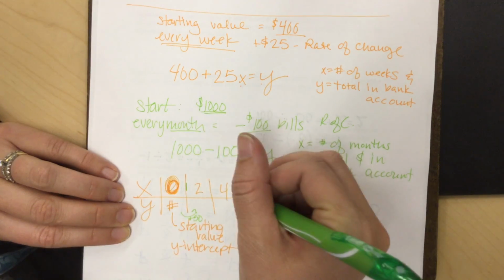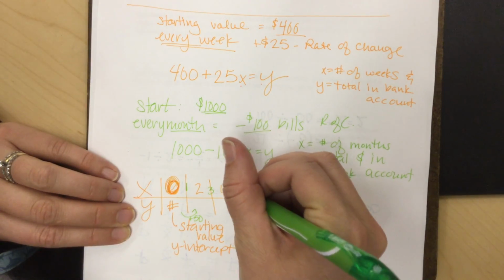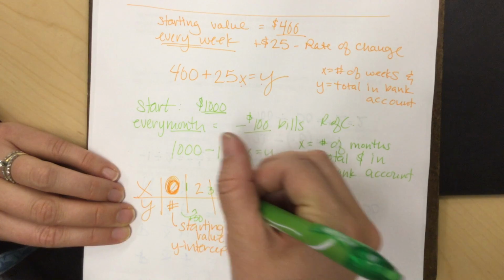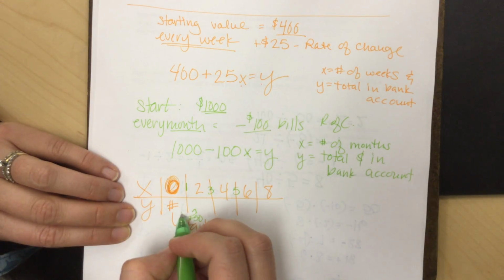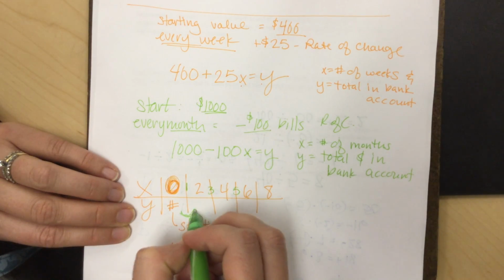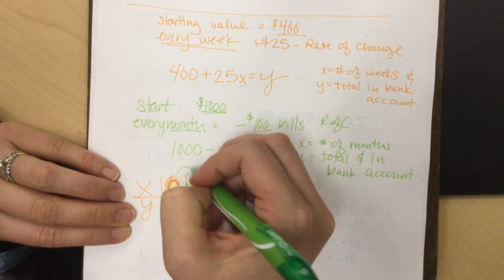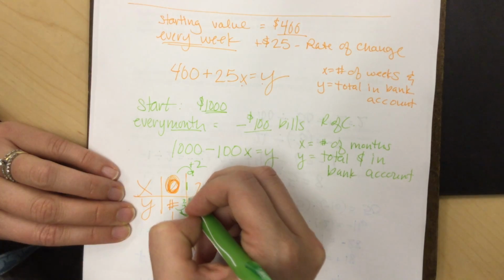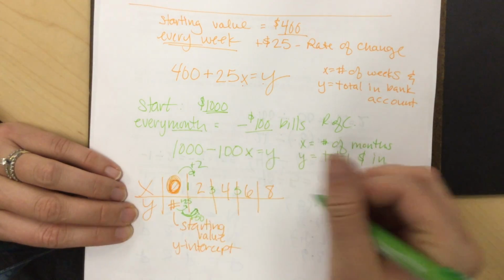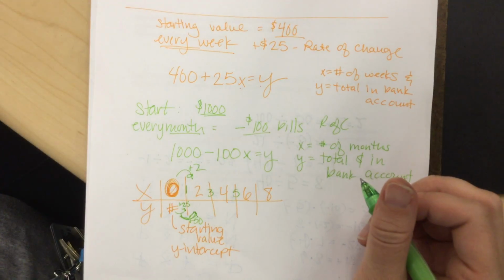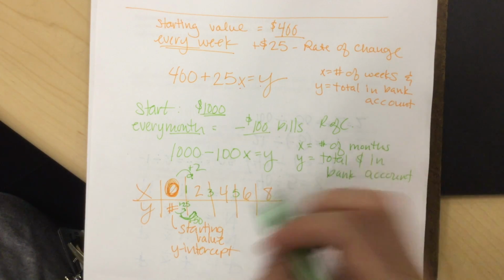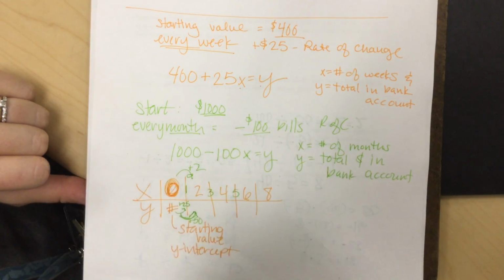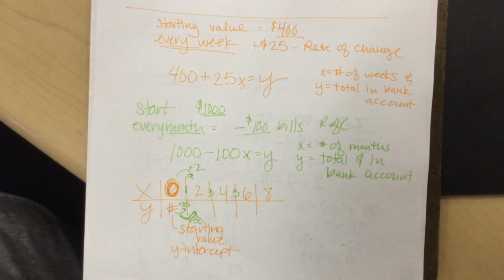What if there was a 1 in here, a 3 in here, a 5 in here, to go by 1, 2, 3, 4, 5. So if an increase of 50 is for an increase for 2 times, then every one time will be 25, and that is your rate of change. So you might have to figure that out as well. So please be mindful of those things as you are writing your equation.